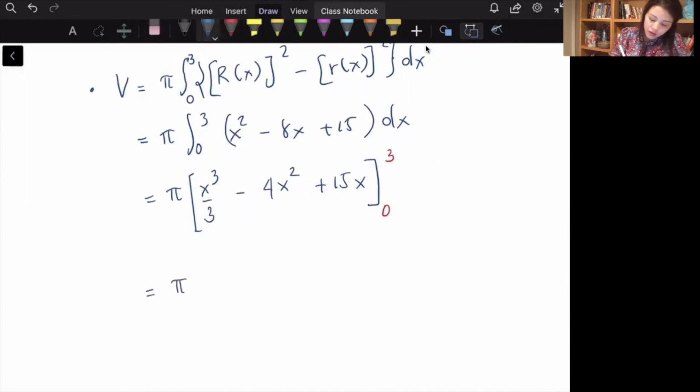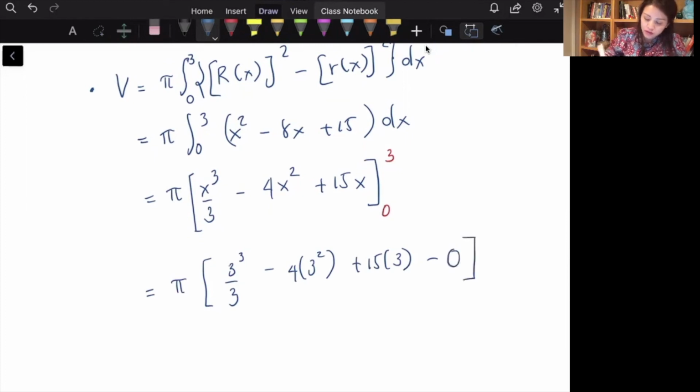Right, let's plug in the upper limit first. So whenever I see an x, I replace it with 3. So I have 3 cubed divided by 3 minus 4 times 3 squared plus 7 times 3. And then when I subtract the lower limit, if I replace every x with 0, I just get one big nice 0.